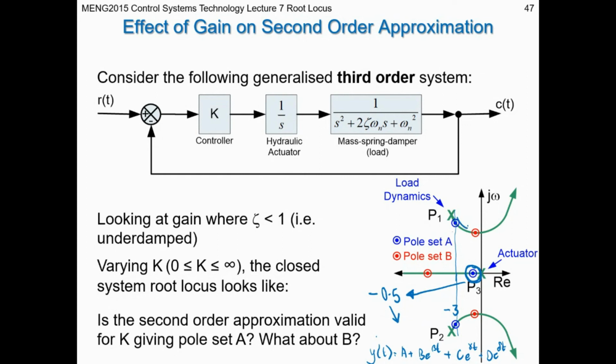When we increase gain and we move the complex closed loop roots closer to the imaginary axis and the real one further away from the imaginary axis, then what's going to happen is that this pair of roots is going to have a smaller real part. That means it's decaying more slowly.